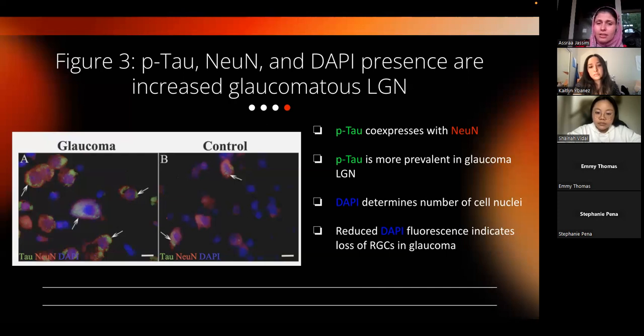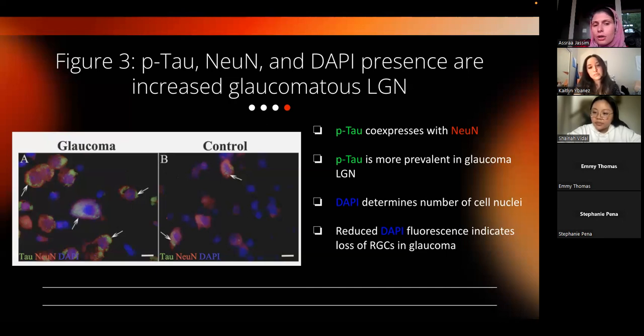This is only a nucleus and it doesn't have any NeuN. What does that tell you? Is this a retinal ganglion cell? It is not. So it is not a retinal ganglion cell, meaning that it can be another cell. And we don't know what that cell is.